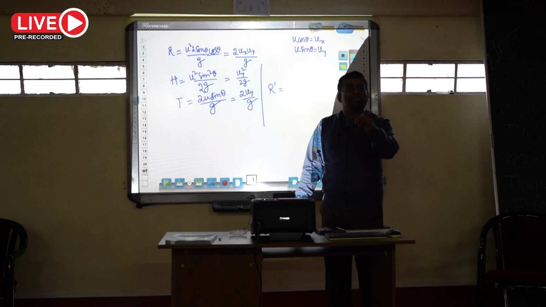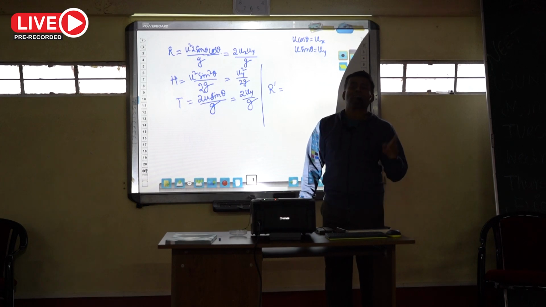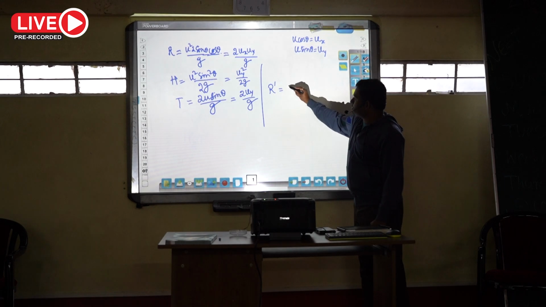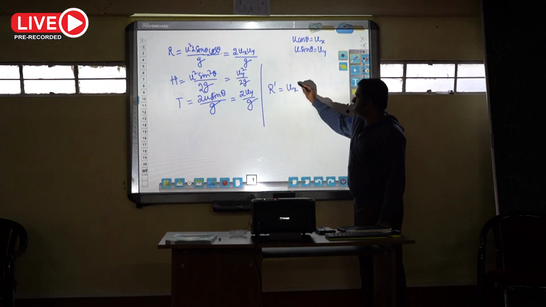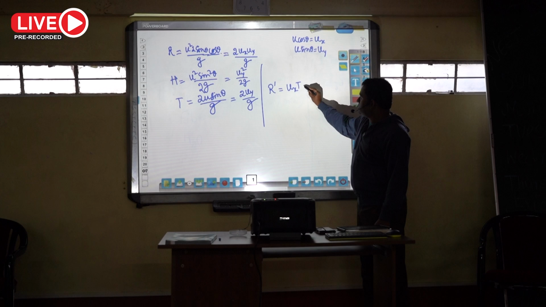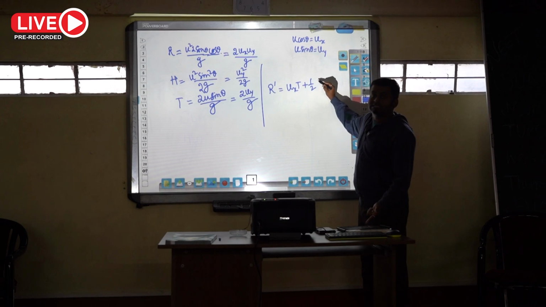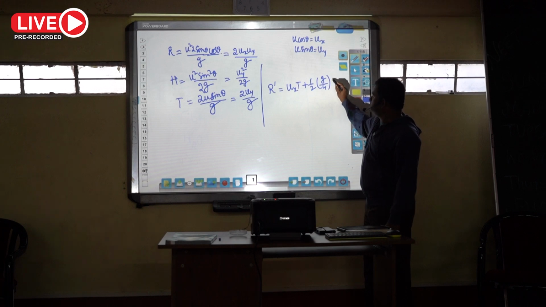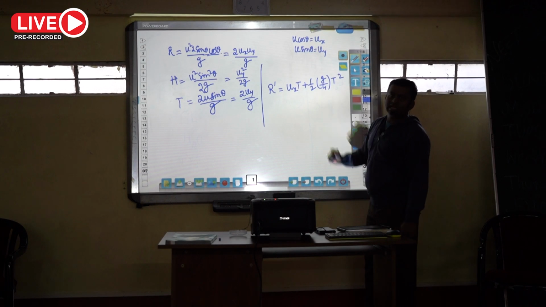But in this problem there is horizontal acceleration, so the range can be calculated using this formula: ux into time of flight plus half into the new acceleration. What is the new acceleration given? g by 4 into t square. Just calculate.